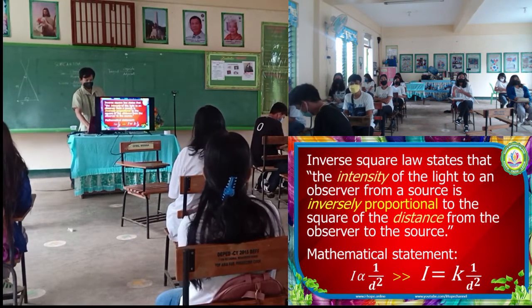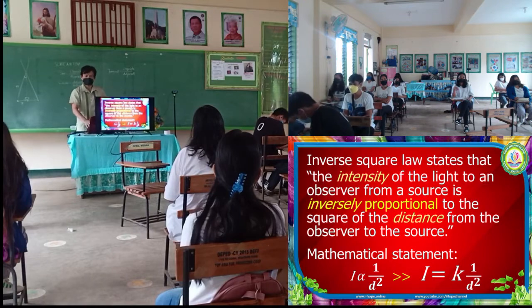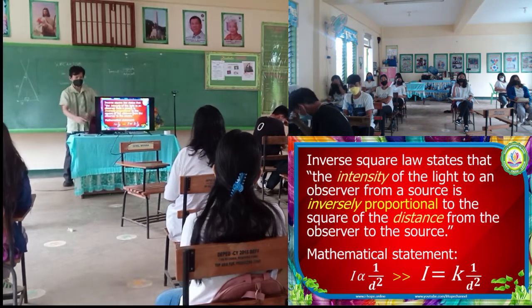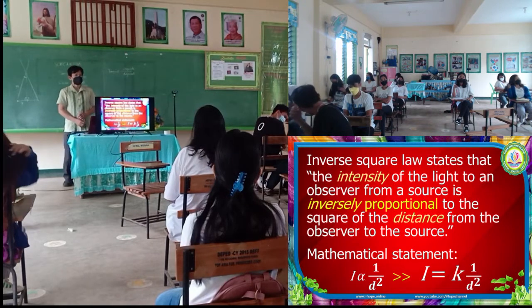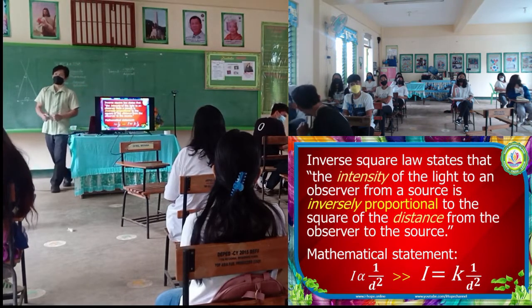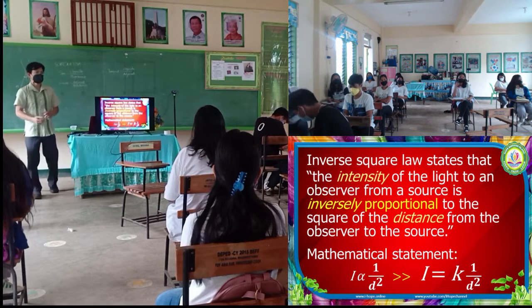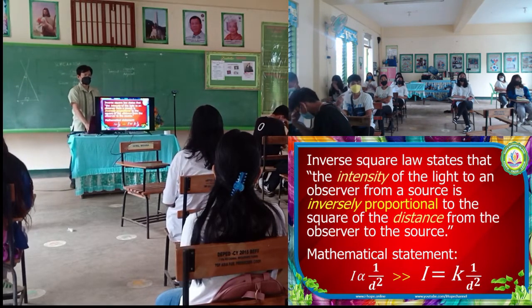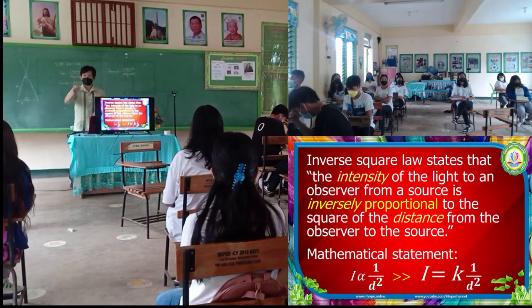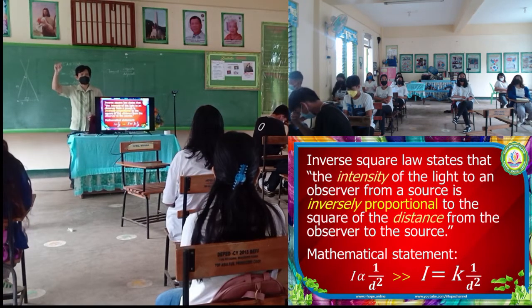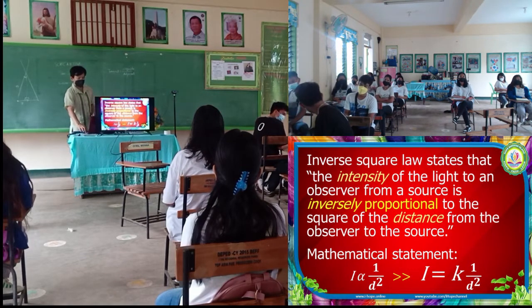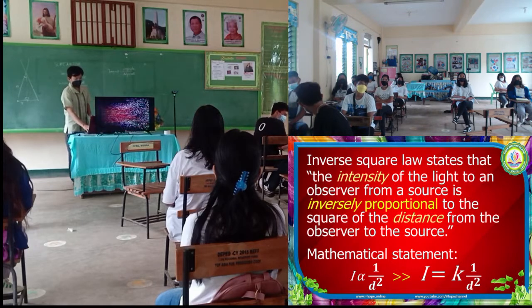In an equation, intensity is equal to a constant times 1 over the square of the distance, or, in short, I equals constant over the square of the distance. That is the formula.